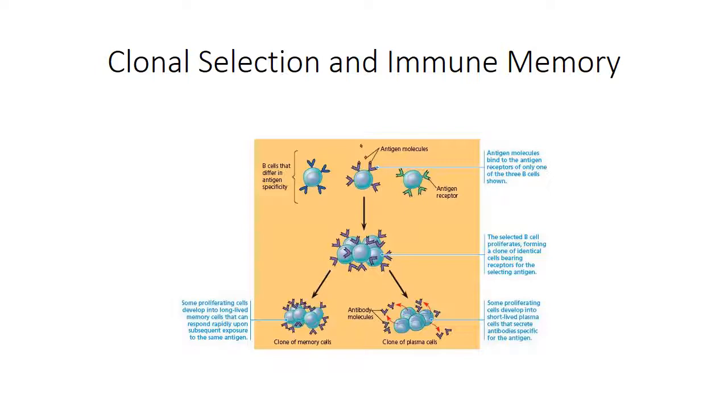So the lymphocyte on the left is not selected by the antigen. Lymphocyte on the right, again, is not selected. The receptors for antigen on these lymphocytes on the left and on the right do not fit the antigen. So antigen ignores them, and if no other antigen selects them, they will die in approximately 2 to 3 weeks. They don't live too long.